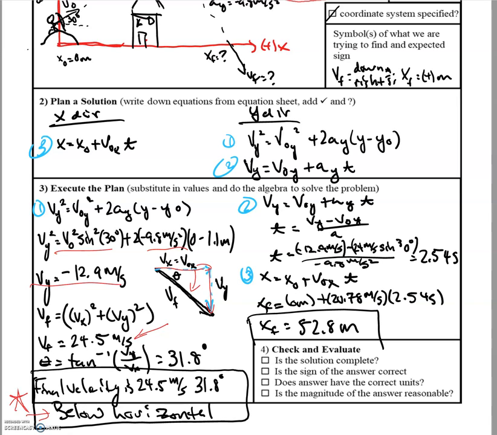We know the initial and final velocities because we just solved for the final velocity. We know the acceleration, so we can solve for time. Once we have the time, then we can just substitute that into our position as a function of time equation. We know what the initial velocity is because we solved for that component at the start. And we find that the range is 52.8 meters.